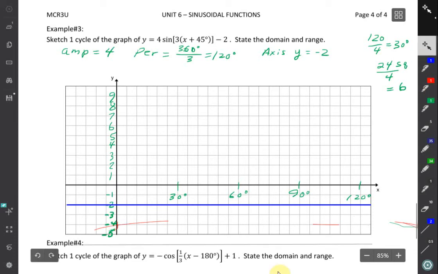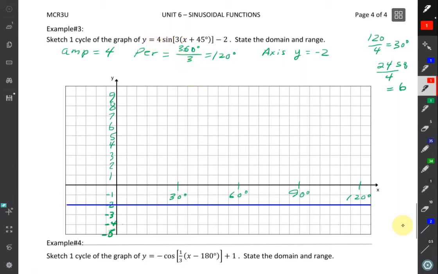So graphing this line, it's a sine curve. Sine starts on the axis, and this is not reflected, so it's going to go from the axis up to a maximum. Sine starts on the axis at -2. At the next quarter, we go 4 above the axis, which would be 2. At the next quarter, we're back to the axis.